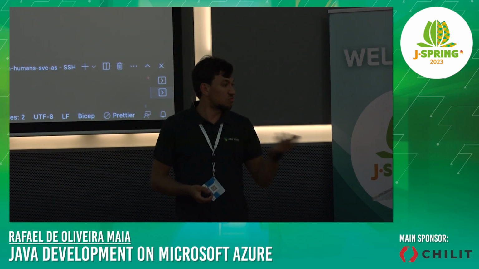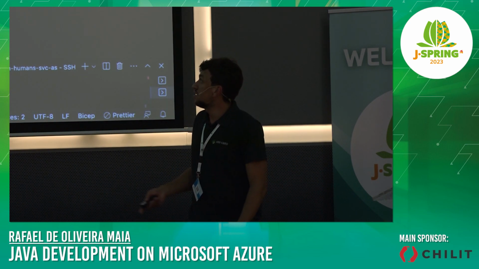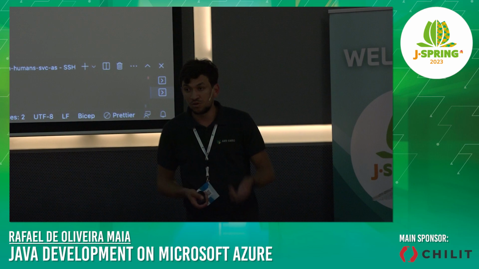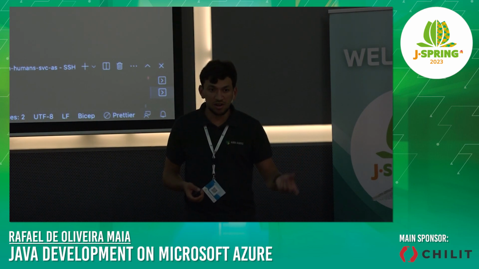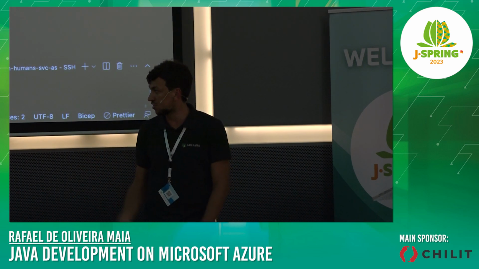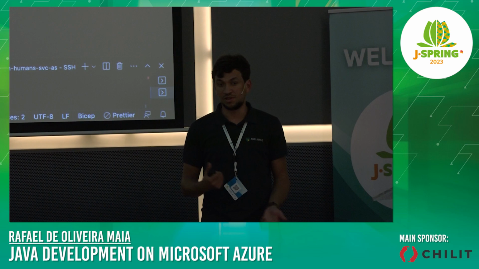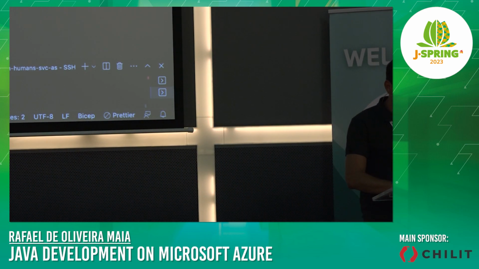So they built this language, this DSL, where you can easily build modules, and then when it compiles, it will create the ARM file, the JSON file, so then you can call the Azure API using the Azure CLI to deploy it.